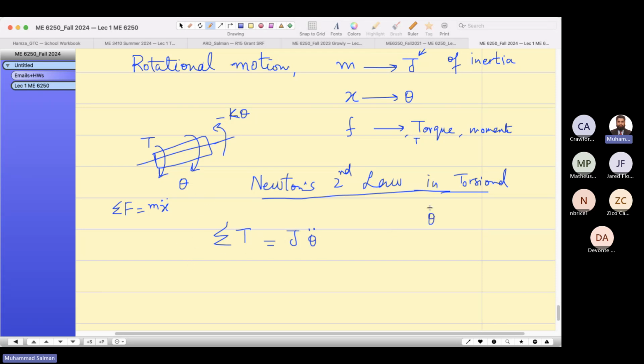The theta double dot can also be written in some books as alpha, angular acceleration.